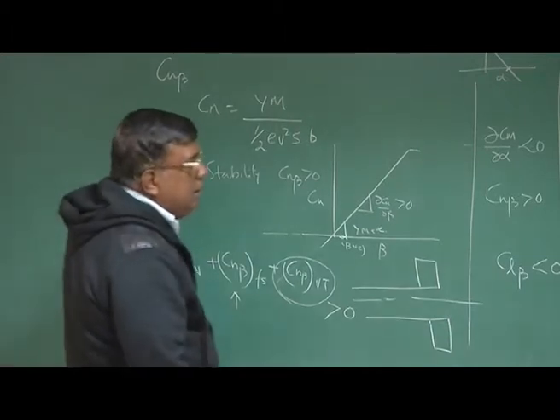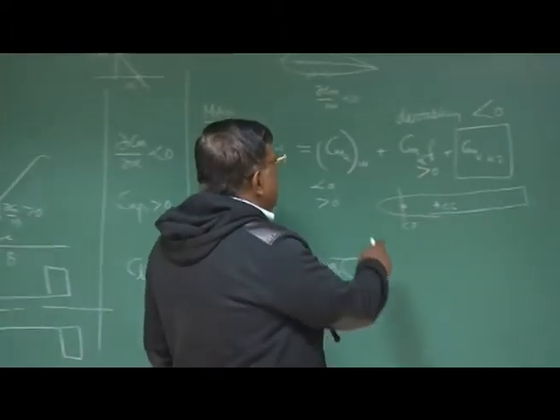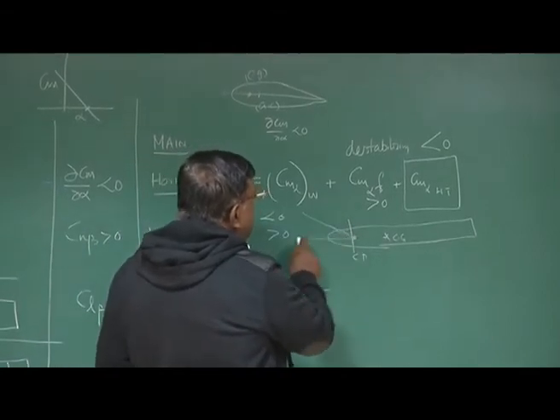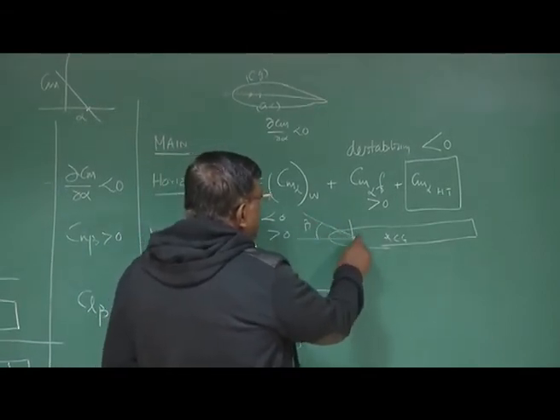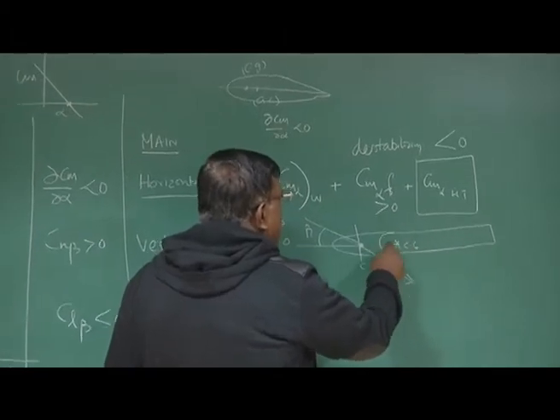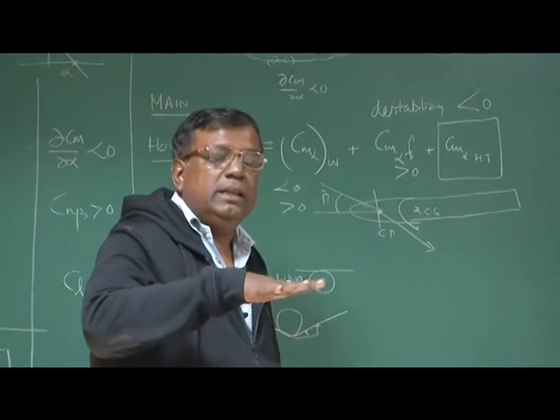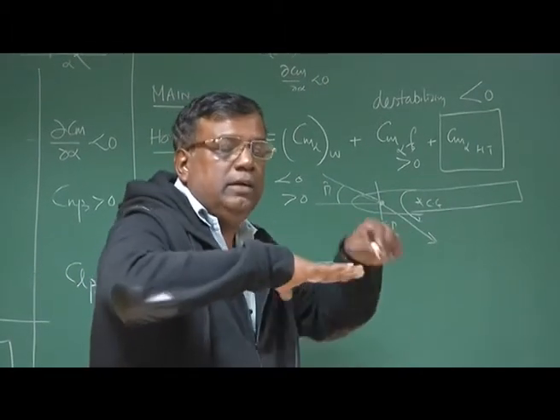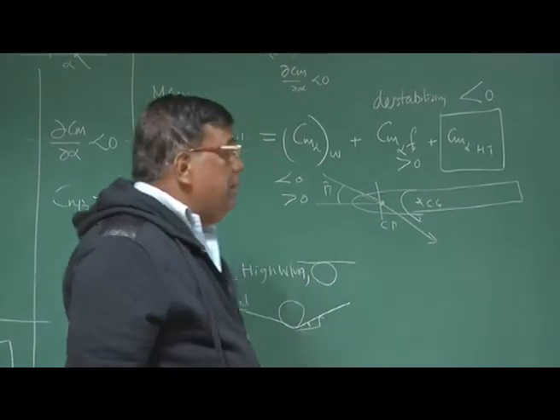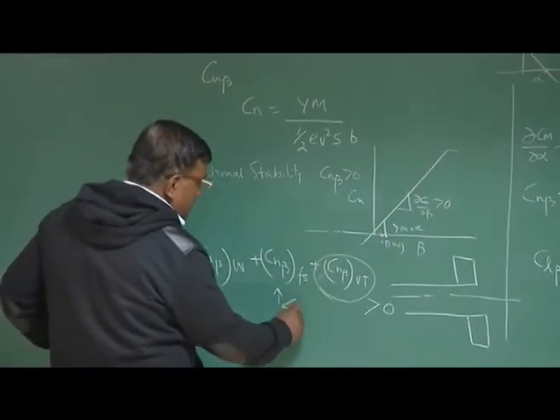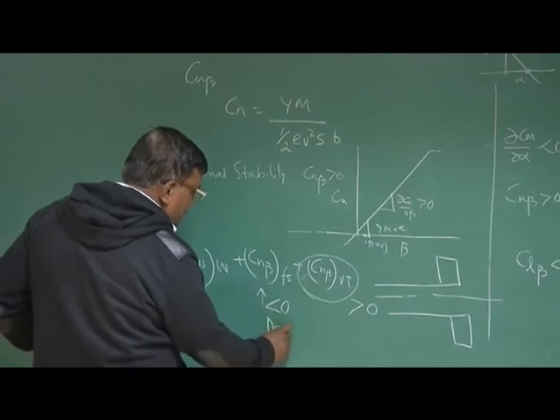Based on this understanding, if there is a positive beta, then you could see here, this will give a force in this direction, and that will give a moment which will take the left wing backward. That is, if I am moving like this, the force is here, that will take the left wing towards the back, and Cn beta is less than 0, so this fuselage Cn beta is less than 0, it is destabilizing.